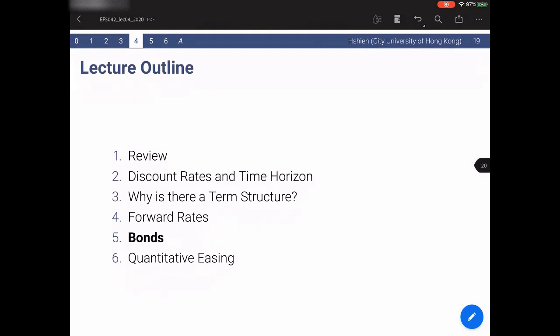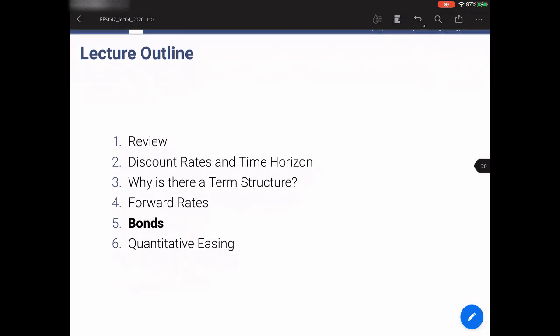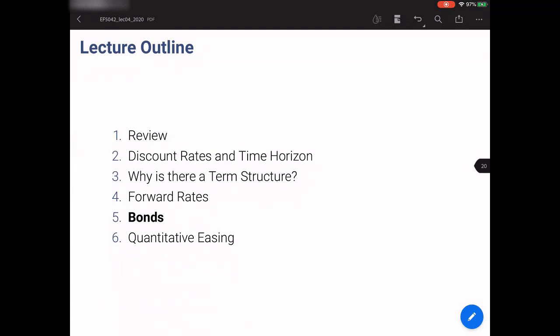All right, so let's talk about bonds. So bonds, as you know, strictly speaking, is simply a contract that pays cash that's known beforehand.